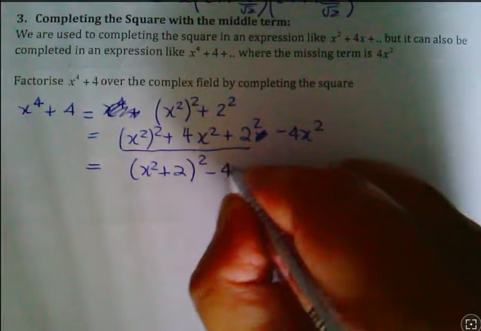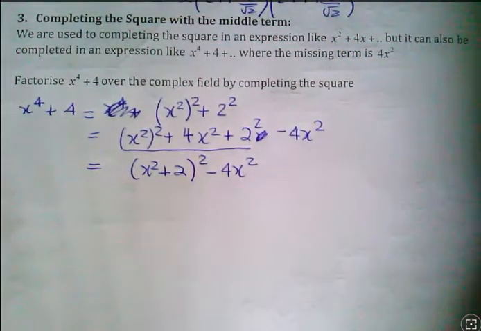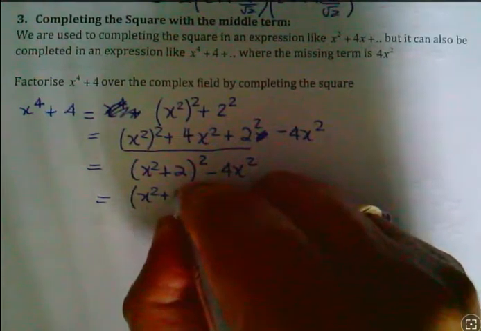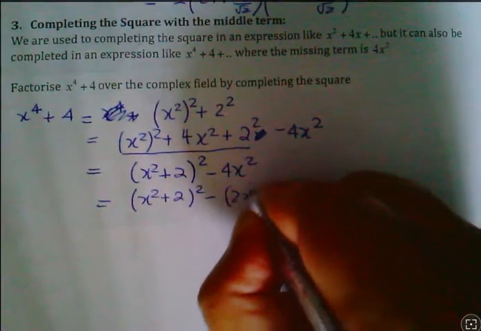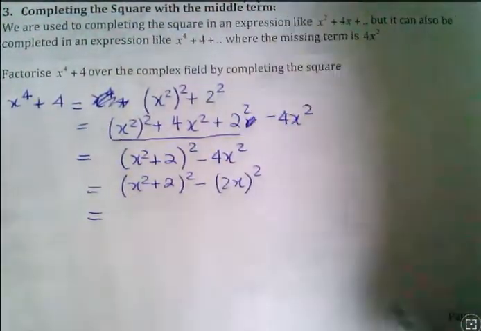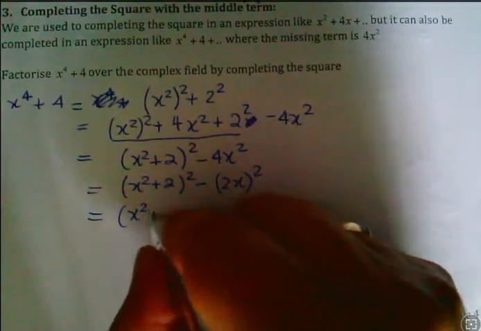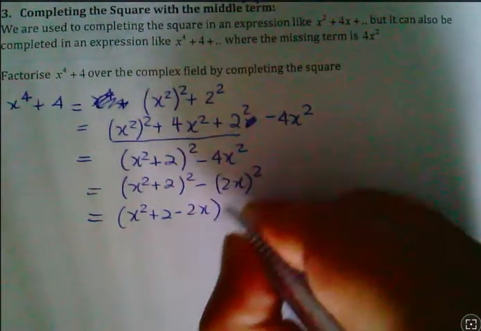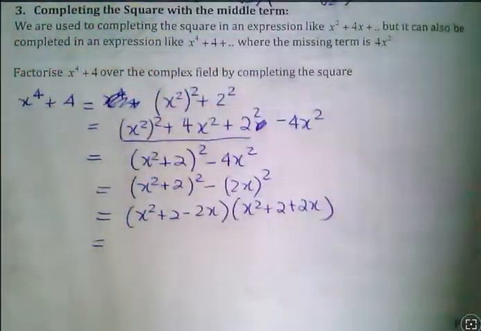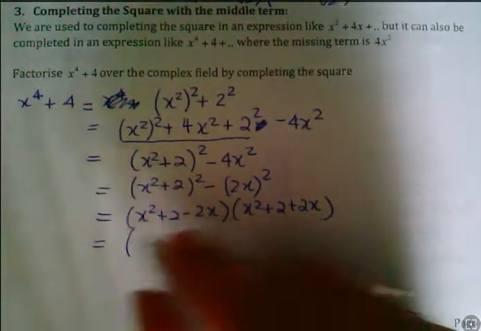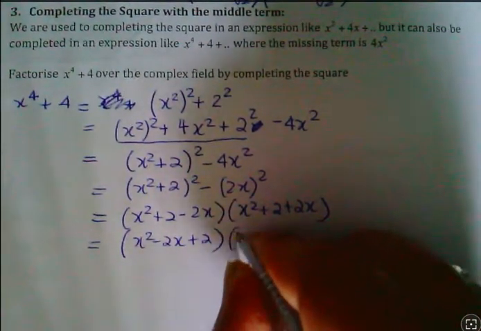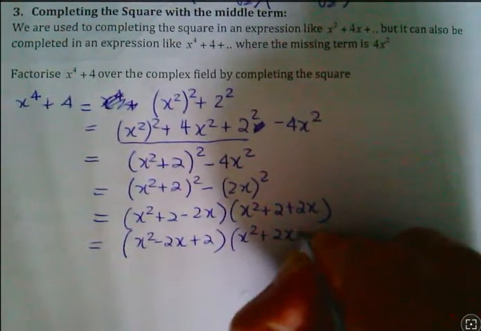And here I've got minus 4x squared, which if I write it as a difference of 2 squares, I've got x squared plus 2 squared minus 2x all squared. Now I can factorize that because that's of the format a squared minus b squared. So it'll be x squared plus 2 minus 2x, x squared plus 2 plus 2x. Now if I rearrange those, I've really got x squared minus 2x plus 2, x squared plus 2x plus 2.